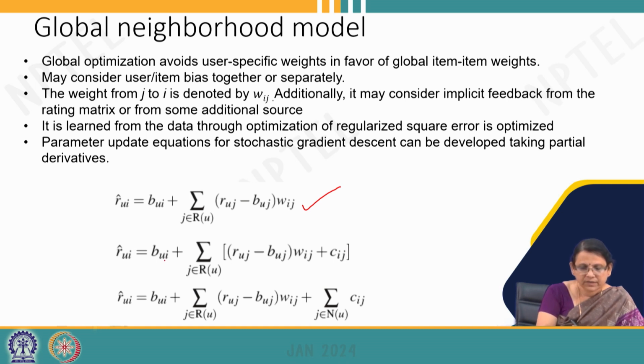Rating at a particular point can be certain bias related to both user and item. Of course, we can separate them as we can see in the next slide. And for all the items which are rated by the single user, actual rating minus this value which is supposed to be predicted into this weight.